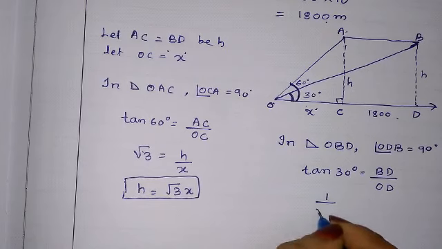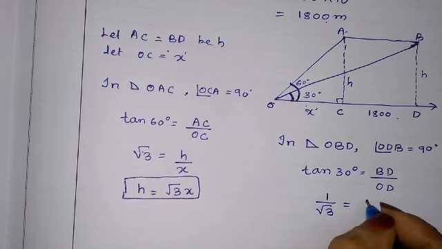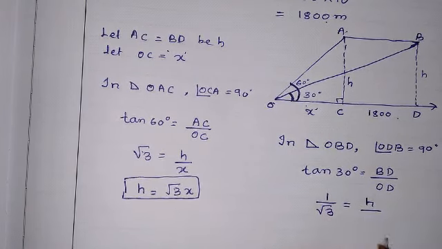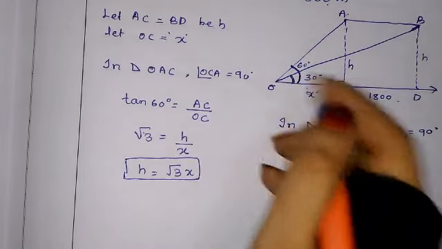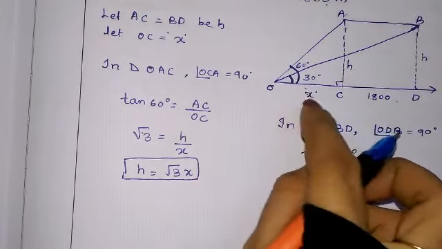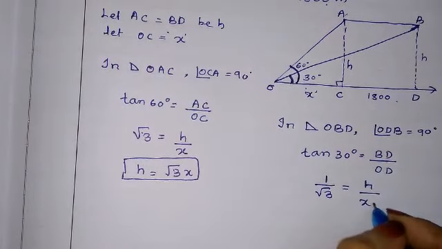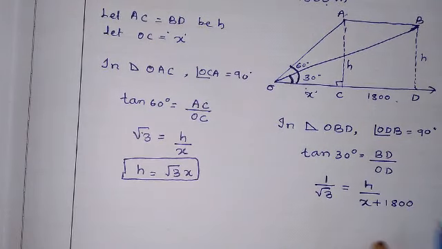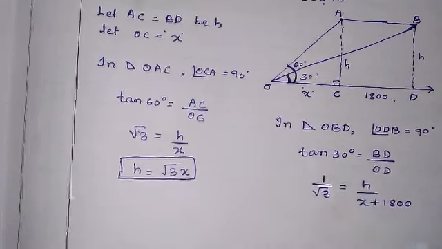Tan 30 is 1 by root 3. BD is H. OD is nothing but X plus 1800. X plus 1800. Let us cross multiply now.